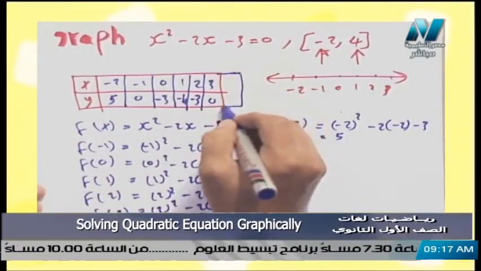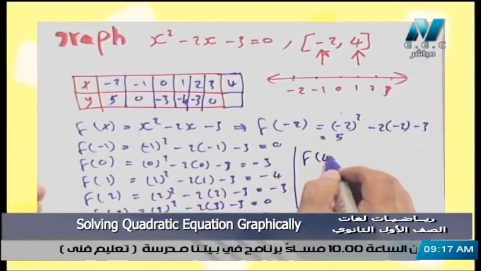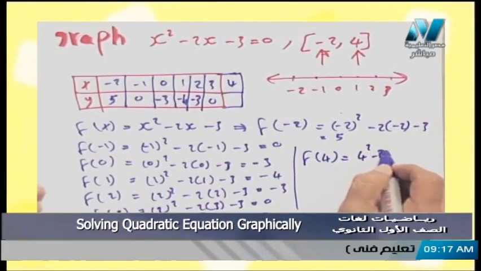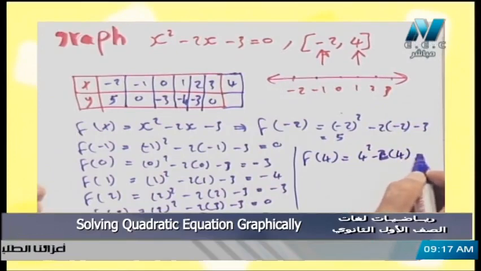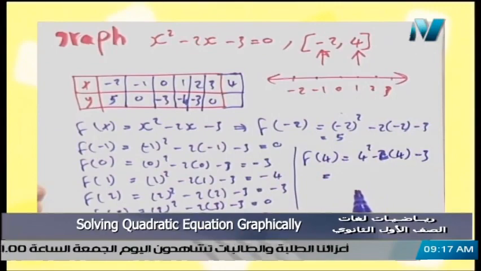The last one, f(4), will be 4² − 2 × 4 − 3, and the answer will be 5.